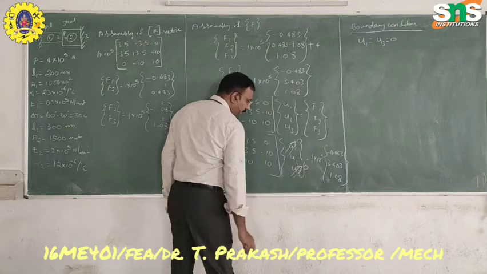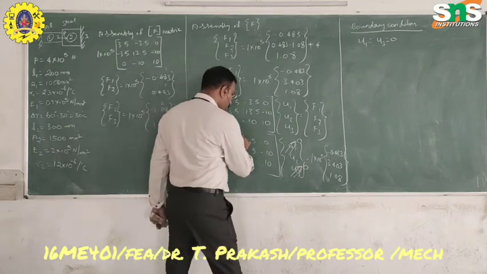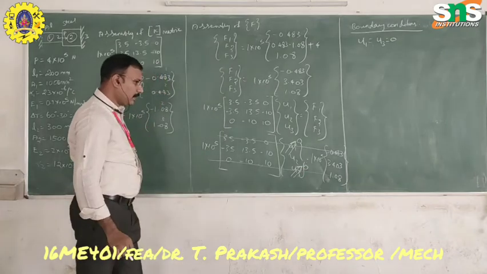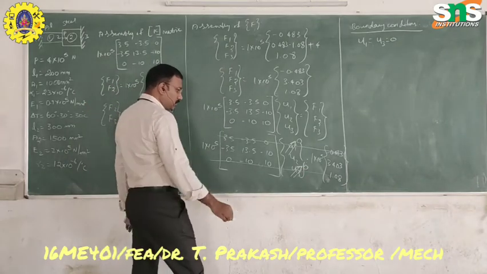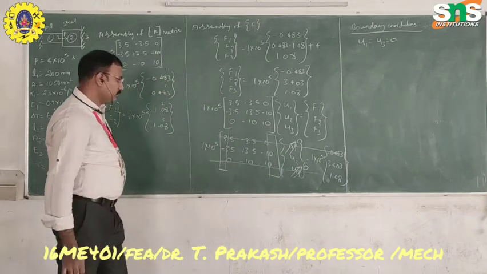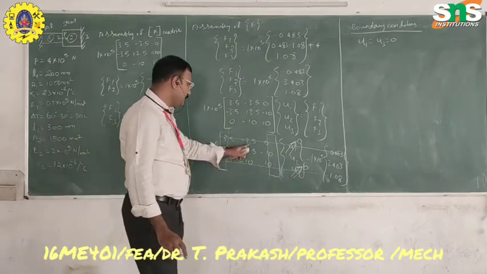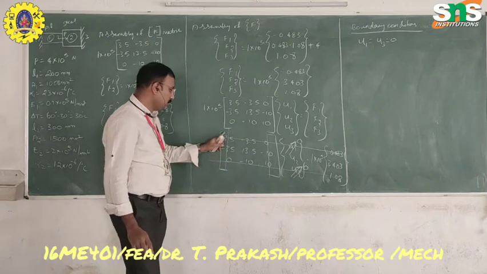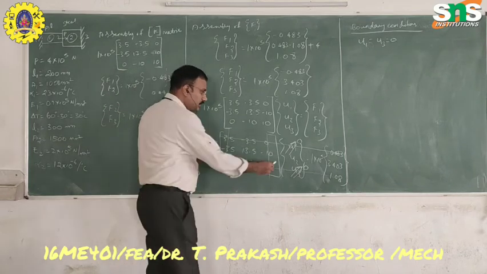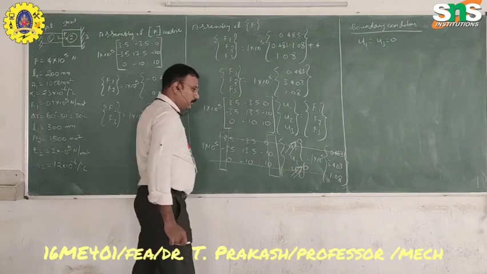Since these two values become 0, we can neglect the first row, third row, and first column, third column. They are deleted since U1 and U3 are 0.